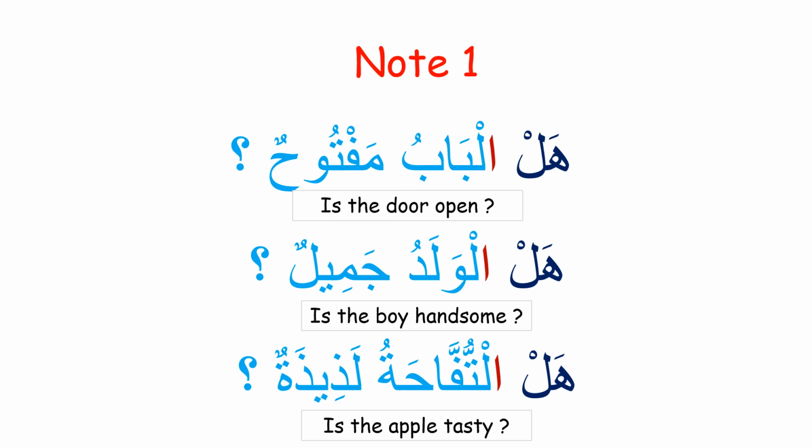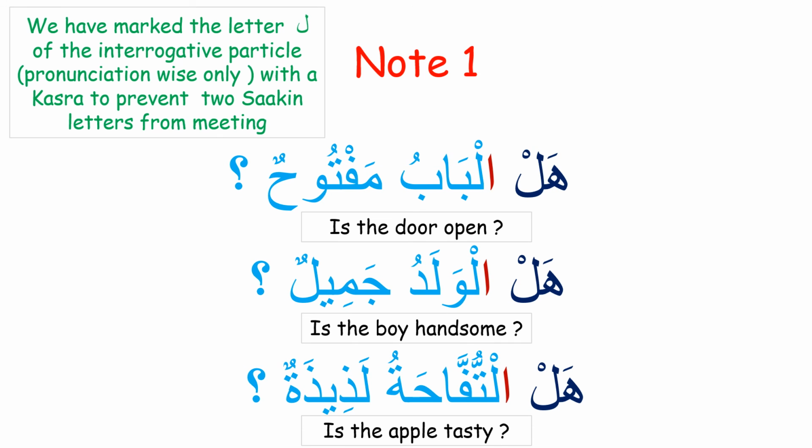Right. In all of these examples, the pronunciation differs from the spelling, and this is due to a rule related to preventing two second letters from meeting, which is a fundamental rule in the Arabic language. Two second letters should never meet, but if they do, we have to change the way the first second letter is pronounced because it represents the beginning of the syllable, and we all know at this stage that we cannot start a syllable with sukun in Arabic, so things make perfect sense.